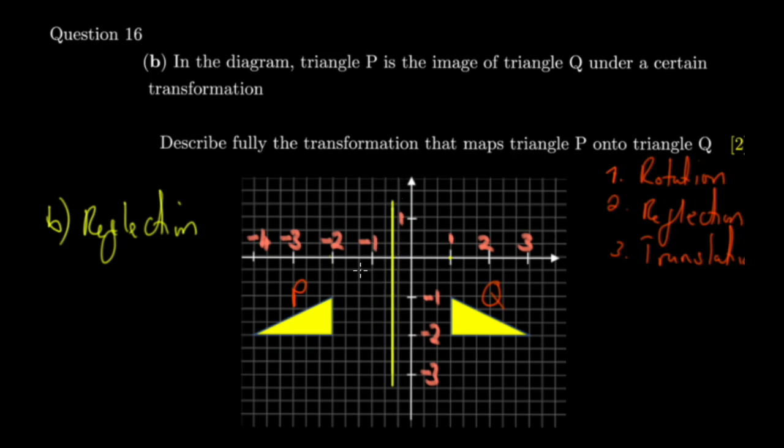For lines that go up and down, those lines are x equal to something. So you just have to find where the line crosses the x-axis. Here it crosses at negative 0.5. So for the reflection, you say about x equal to negative 0.5.